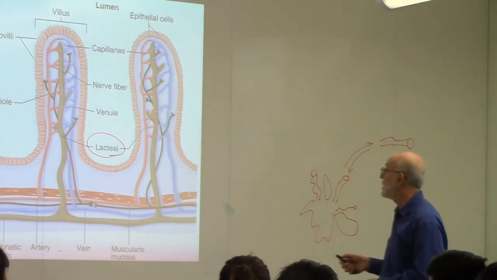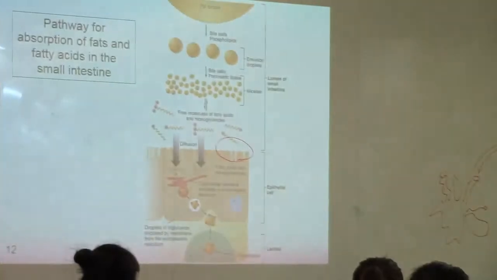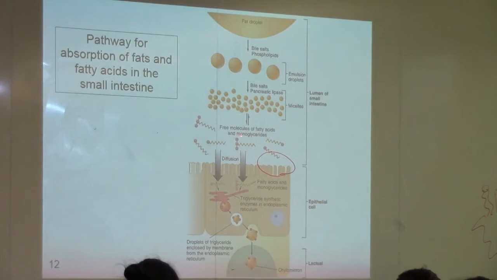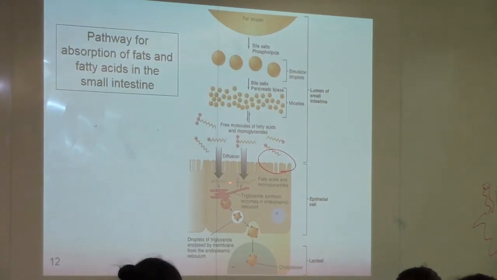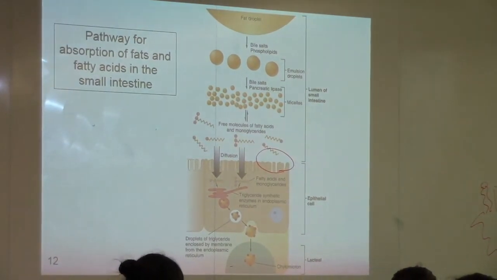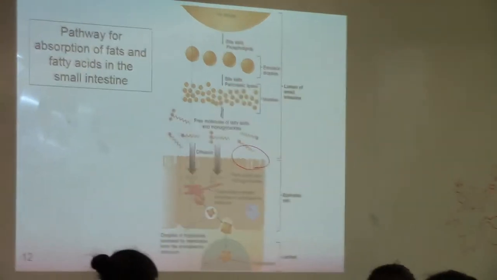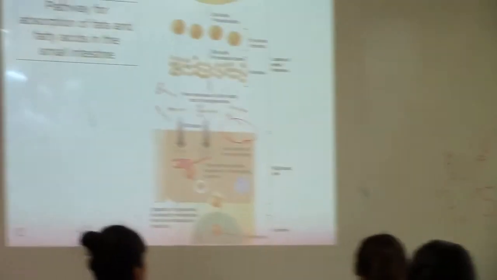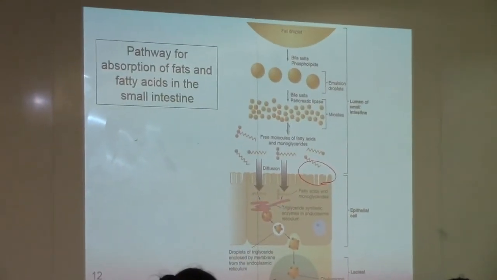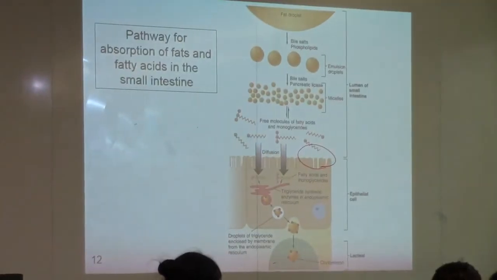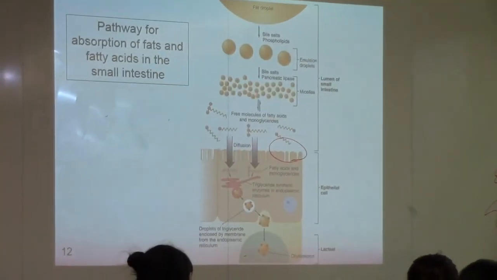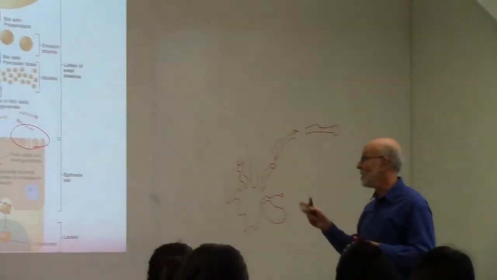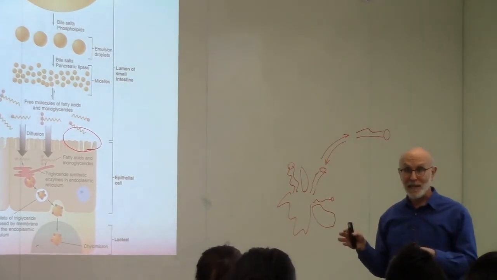The fatty acids and the monoglycerides can diffuse through this membrane. So there's no need to enter, and they freely diffuse down their concentration gradient. There's no transporter, which is going to be different when we get to carbohydrate and protein absorption by the intestine in just a minute.